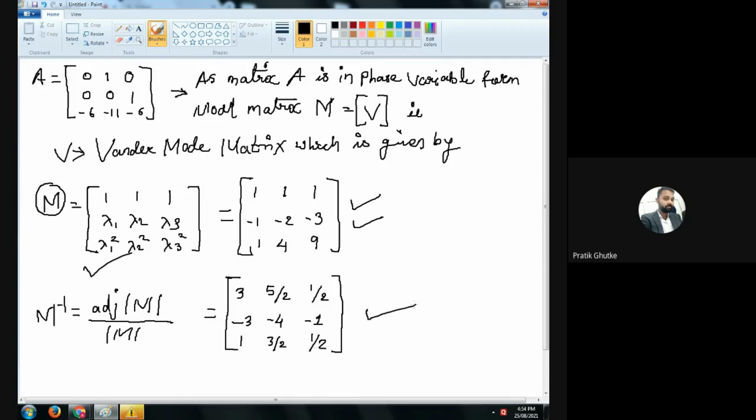Yes, please tell me, all of you, have you got this M inverse matrix? This is the M inverse matrix. Please reply, all of you, have you calculated the M inverse matrix? Kanchan, have you calculated? Kalyani, Kanchan.